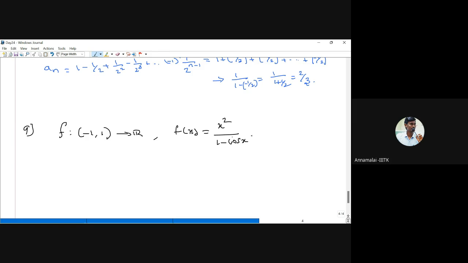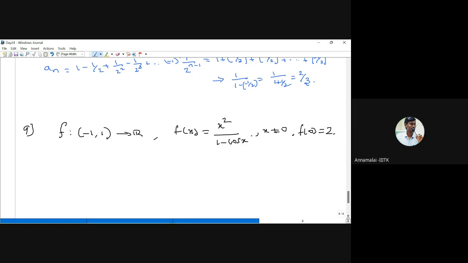Okay. So for x non-zero, because for x equal to 0, 1 minus cos 0 is 1 minus 1 in the denominator, we get a 0. That's why for x non-zero, we define this one. What about for x equal to 0? For x equal to 0, we define 2. So the f of 0 value is 2.